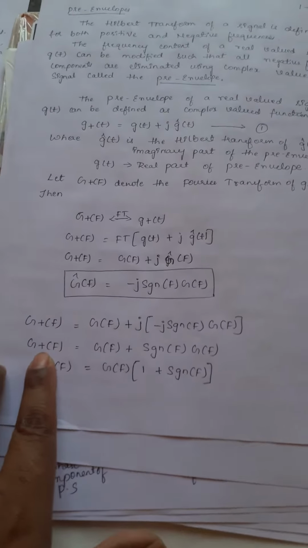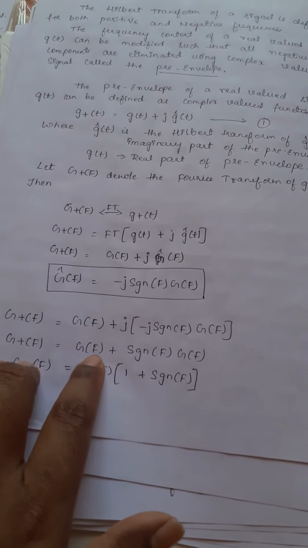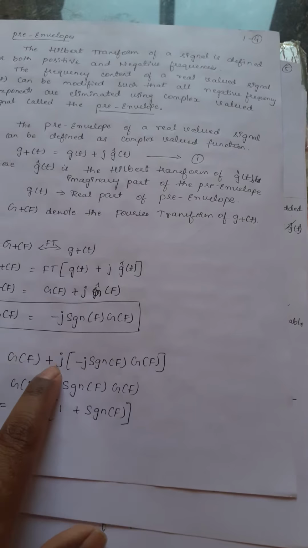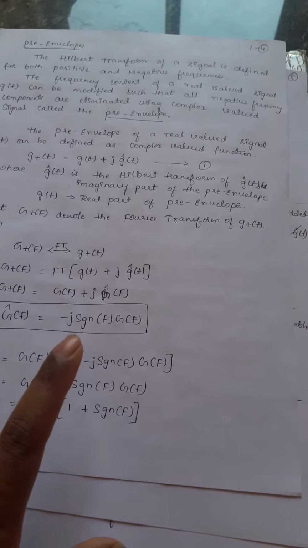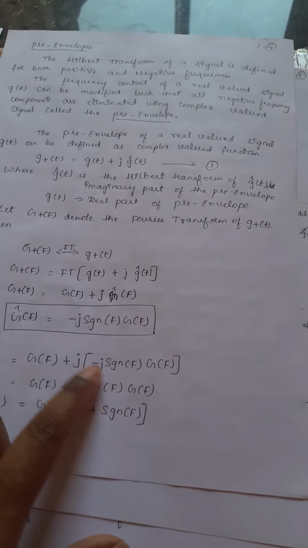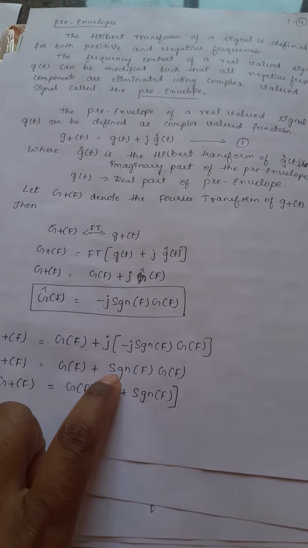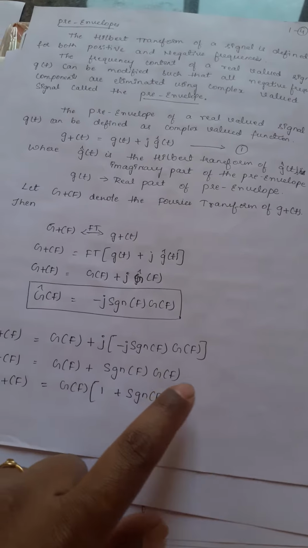We can take it as G of f plus j into minus j, which gives minus j squared, that is minus minus 1, which is 1. Therefore we directly write it as sgn of f into G of f.